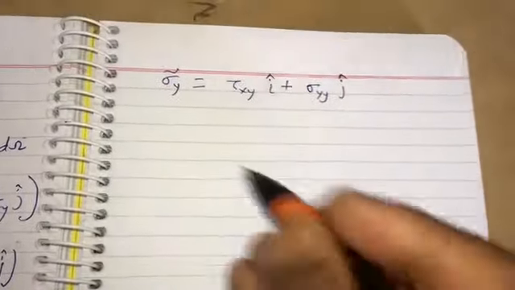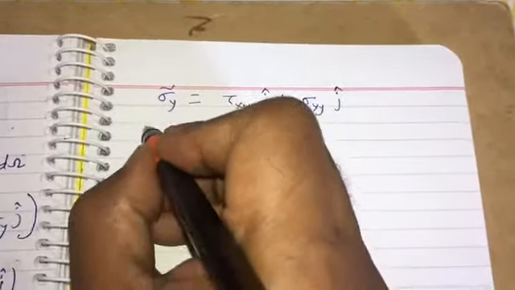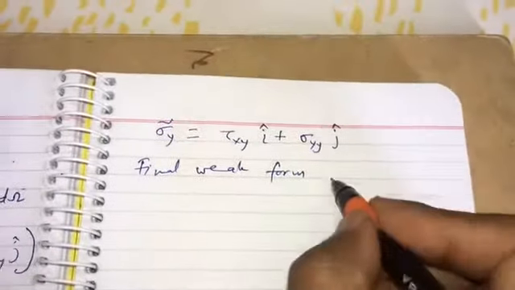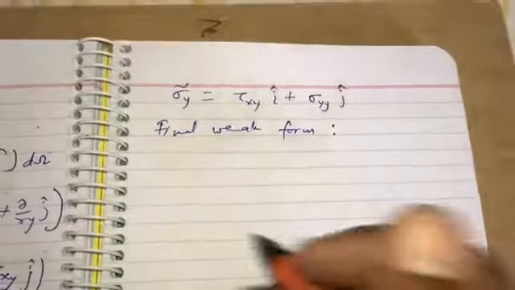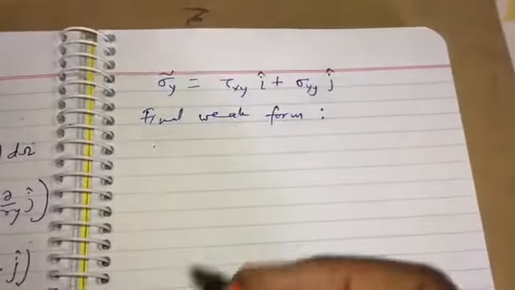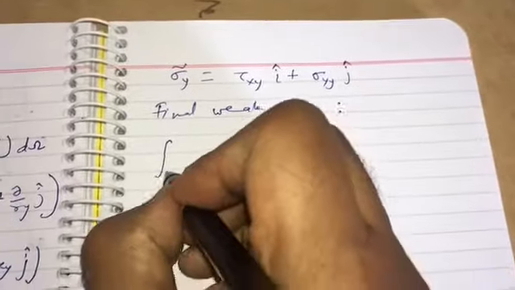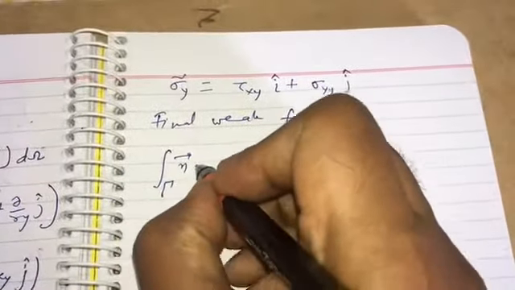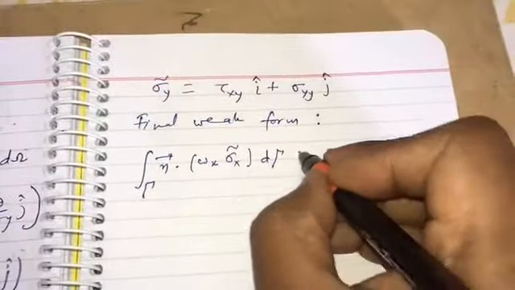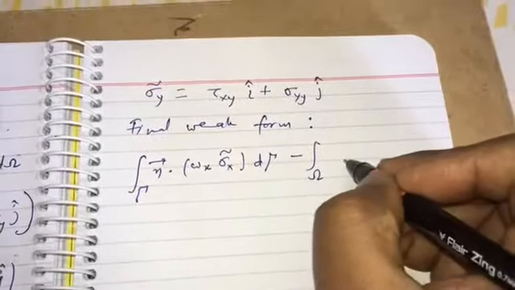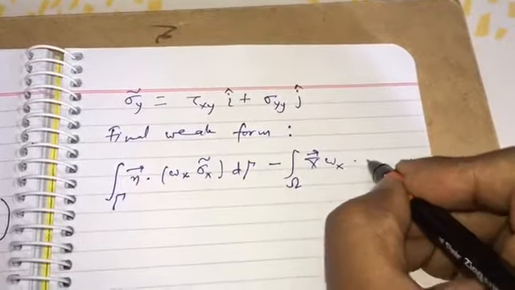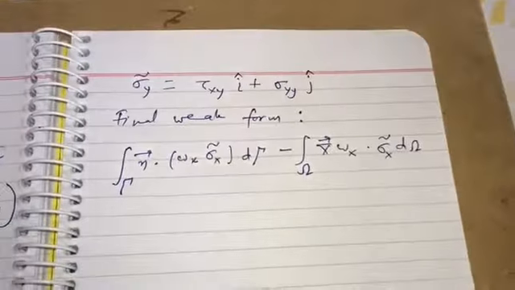So the final weak form becomes, first, from the equation we derived, the integral over gamma of n dot wx sigma x d gamma, minus the integral over omega of the gradient of wx dot sigma x d omega.